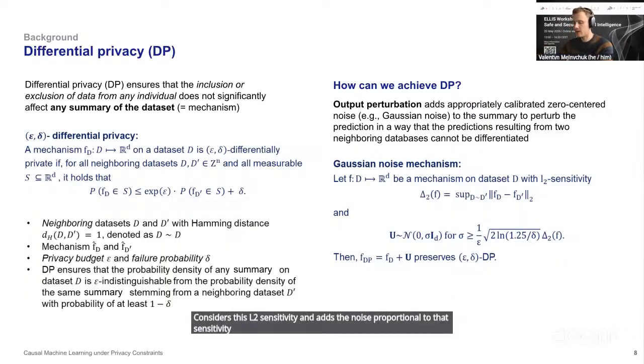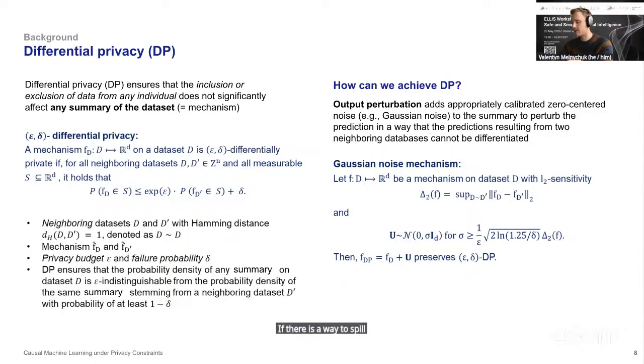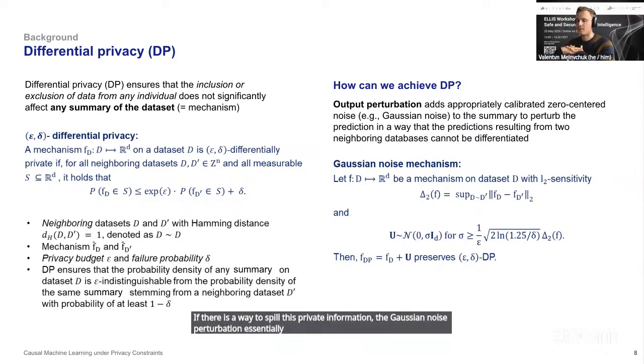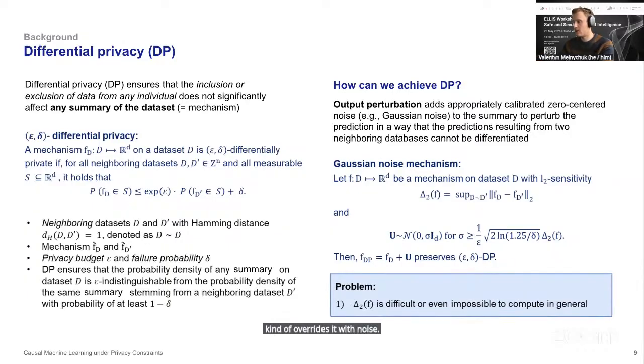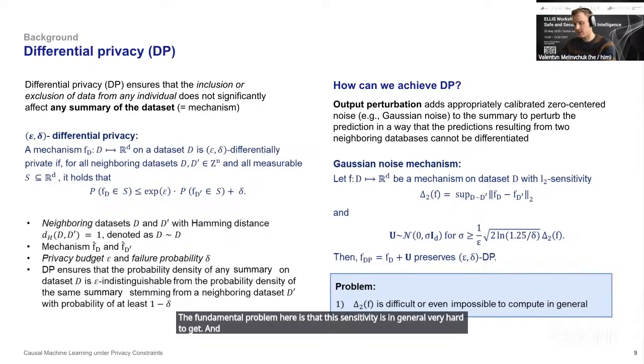So if there is a way to spill private information, the Gaussian noise essentially overrides it. The fundamental problem here is that this L2 sensitivity is in general very hard to get, and we'll talk about it further in the presentation.